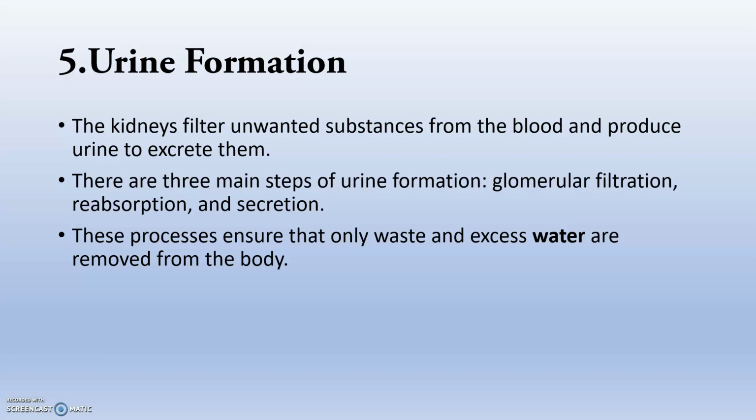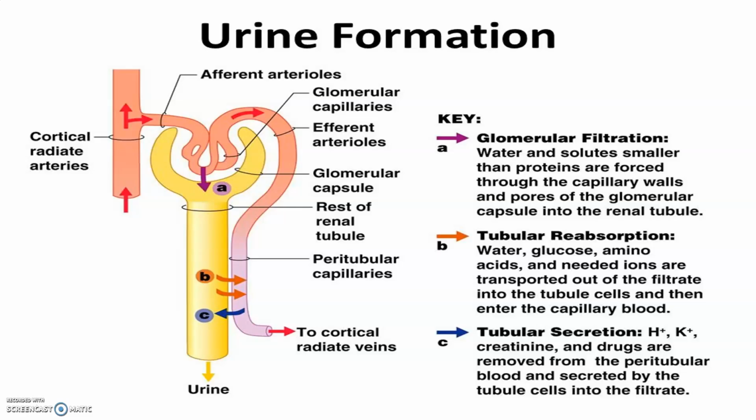These processes ensure that only waste and excess water are removed from the body. You can see the glomerular filtration, tubular reabsorption and tubular secretion. In glomerular filtration, the water and solutes smaller than the proteins are forced through the capillary walls and pores of the glomerular capsule into the renal tubules.